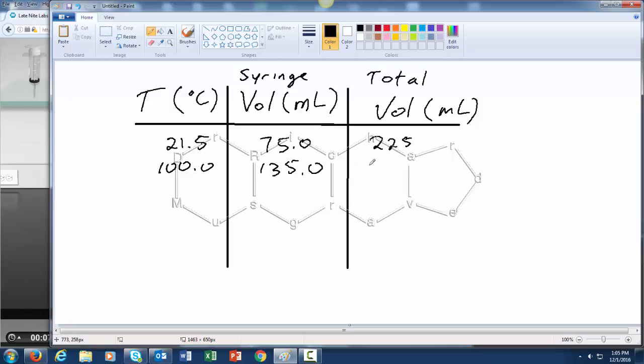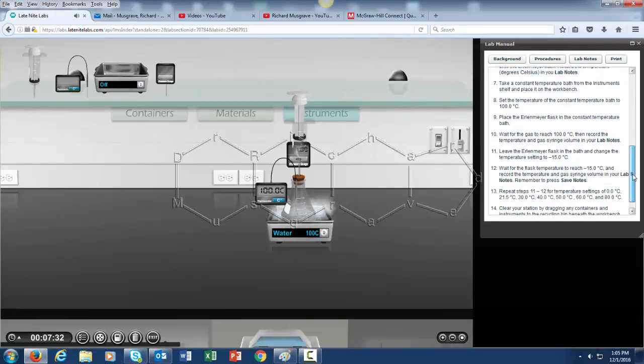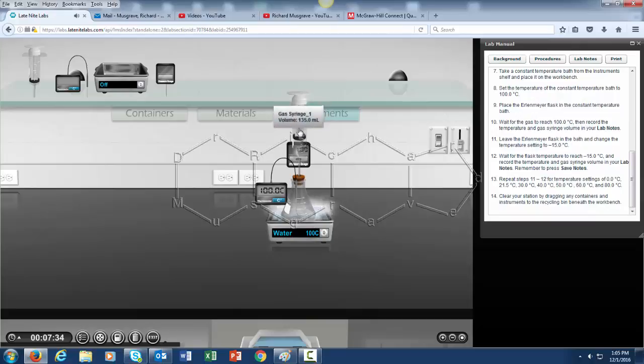And you can see that the total volume then would be 135 plus 150, which would be 285 mLs. Right, so that's how we're going to get all of these points. Now you're going to find a whole bunch of other temperatures and volumes as well, but always just mouse over the gas in the syringe.